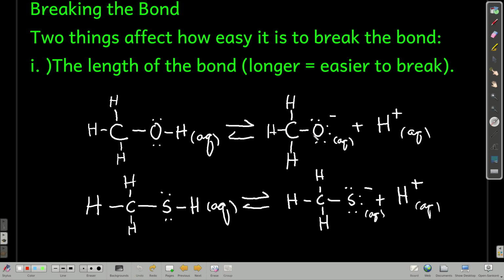And so while they both are at least a little bit acidic, methane thiol, this molecule down here, is more acidic than methanol. It's easier to pull the proton off of methane thiol than it is off methanol. And the reason is this bond is longer down here in methane thiol than it is here in methanol.